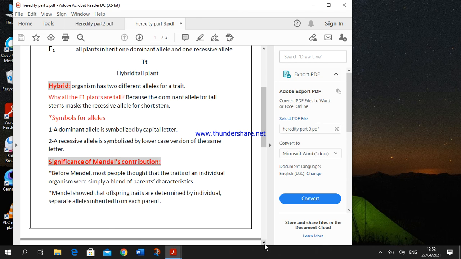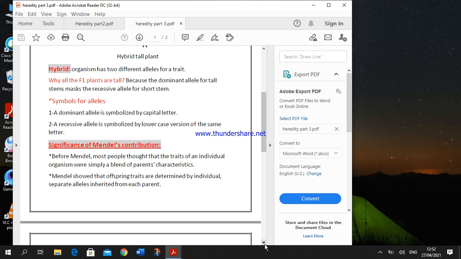The offspring receive one factor of a trait from the female parent and the other factor from the male parent.